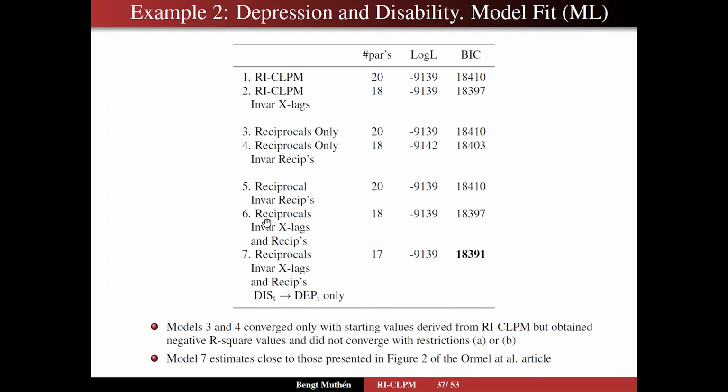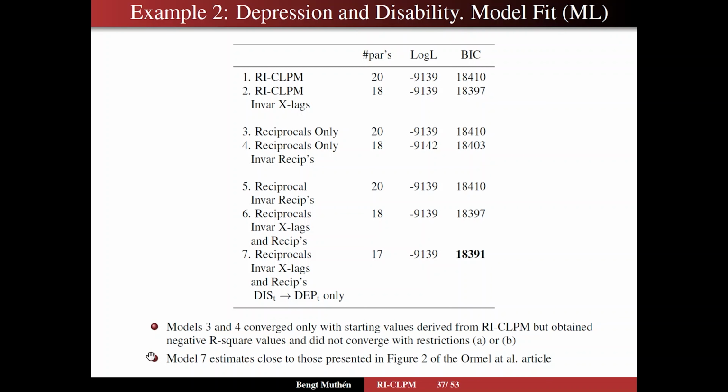And then you find in that analysis that only one of the two reciprocal effects, lag 0 effects, is significant. And if you put the other one at 0 and estimate the one, then you reduce by 1 parameter, but the fit is unaffected, so that parameter clearly wasn't needed, and you get the best BIC here.